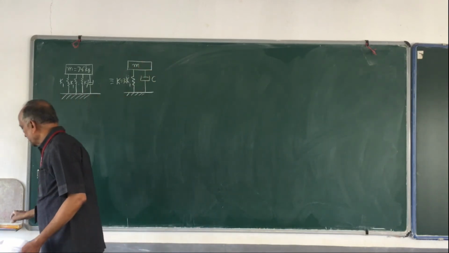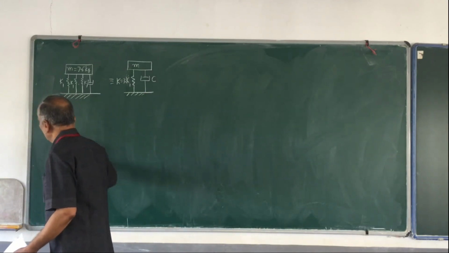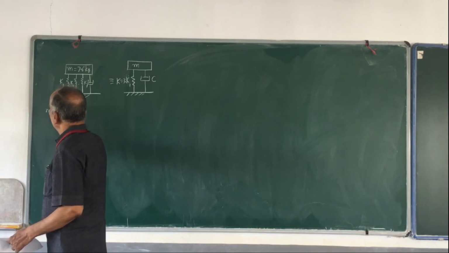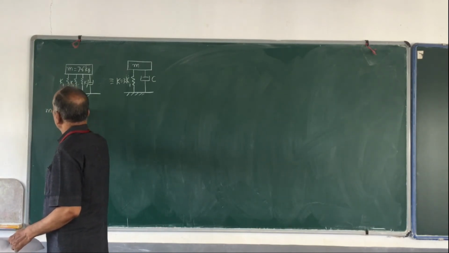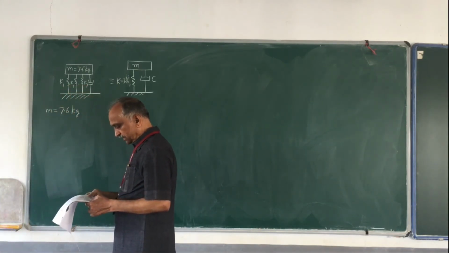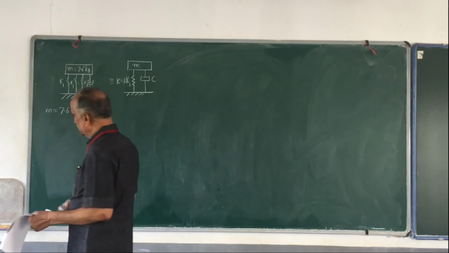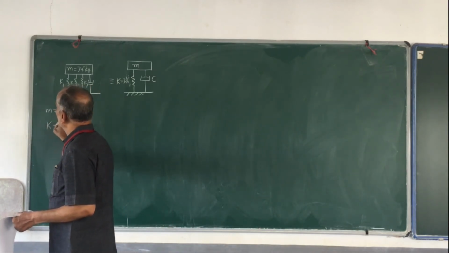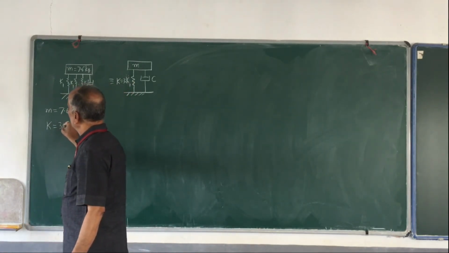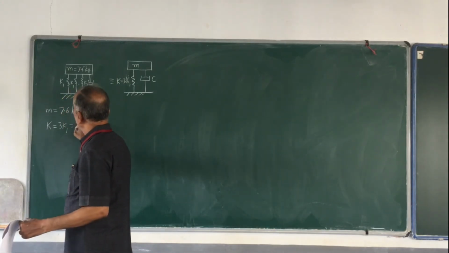So now I shall write down the data given in the problem. 7.6 kg, that is M. M is 7.6 kg. There are 3 parallel springs. Therefore, K is 3K1, the sum of 3 Newton per millimeter.